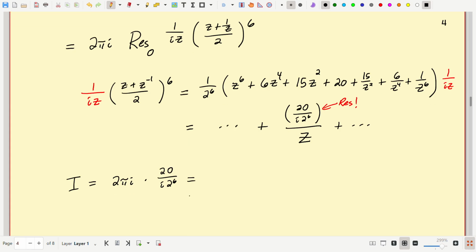If you're expecting it to be real and it's not, you botched something up. And that's 5 pi over 8, once you cancel out all the 2's. So that's pretty simple. It's just algebra. No calculus. No antiderivatives. Questions about that?